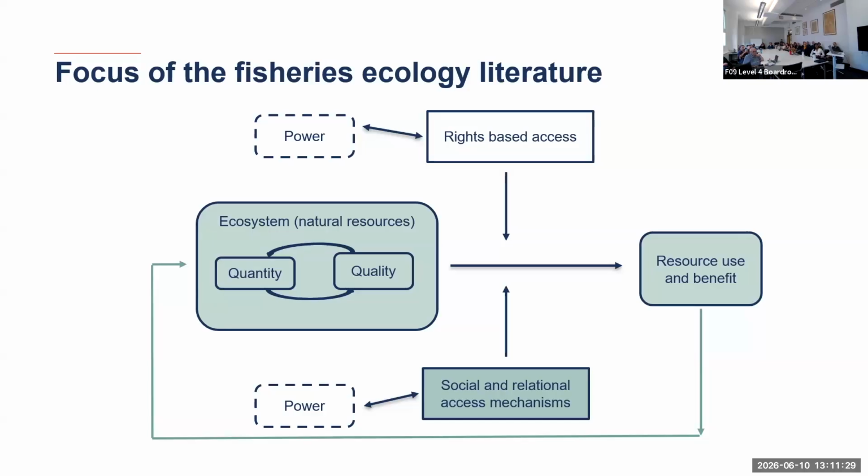Two things I want to flag about this literature: it tends to look at access mechanisms as acting almost in isolation, not so much about how they interact to shape outcomes, and it tends to use aggregated ecological indicators, things like total fish biomass, even though we know that different species have different functional traits, like long-lived versus short-lived species. They don't have the same kind of vulnerability to different changes in access, so we wouldn't expect the outcomes for them to be the same.